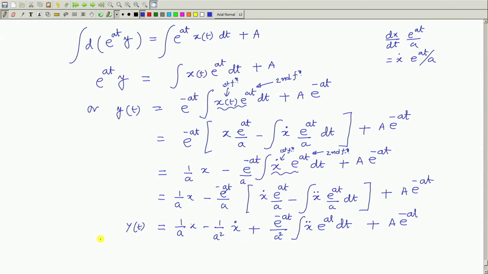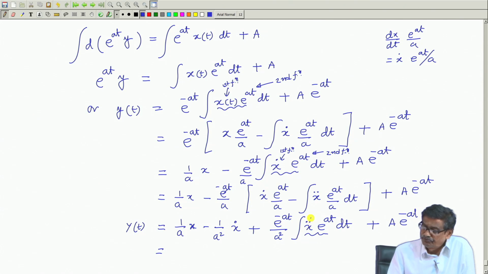Now, once again I have got the solution, but this integration once again appears with x double dot. I will do it once more, and this time I will do it very quickly. This is once again the first function and the second function, and I expand that.